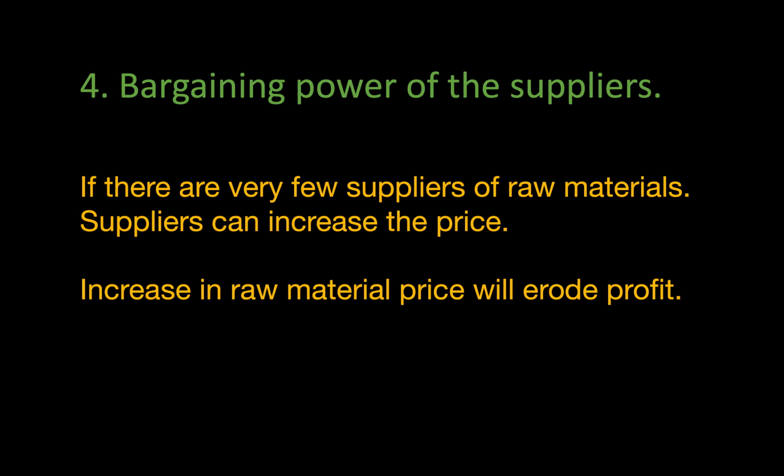Now, if the profitability is going down because raw material is going up, you will feel a very tight competition because of the lesser number of suppliers in your industry. So this is also a competitive force.